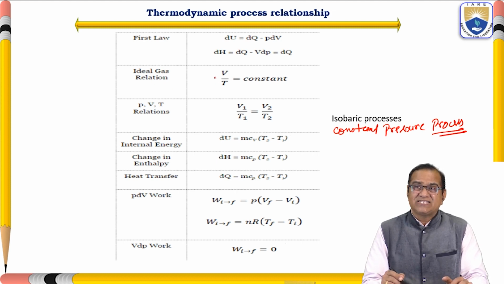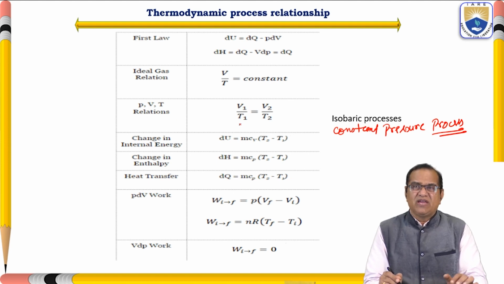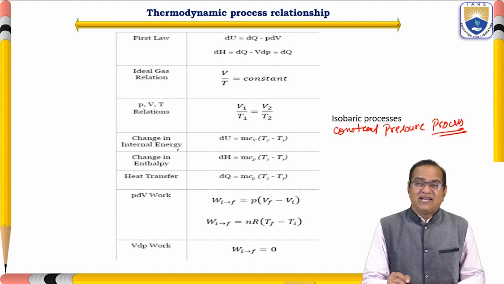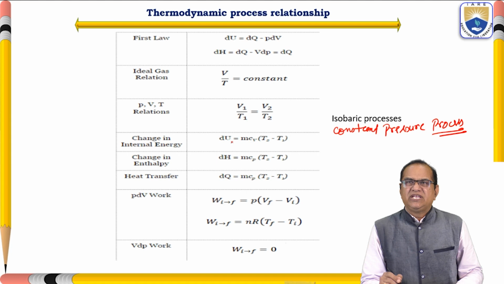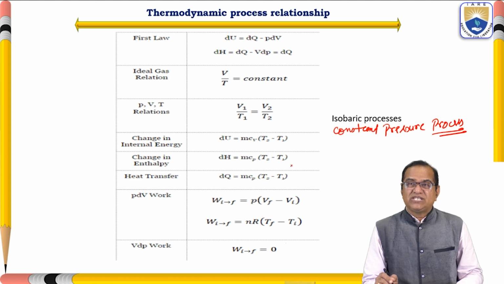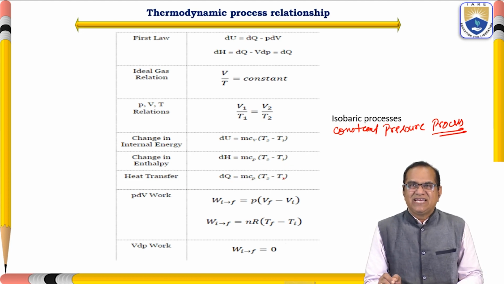For ideal gas relation, V by T is equal to constant. If you take the PVT relation, V1 by T1 is equal to V2 by T2. Change in internal energy du is mCv(T2 minus T1). Change in enthalpy dH is mCp(T2 minus T1). Heat transfer is equal to mCp(T2 minus T1). So this will be the heat transfer here, both.